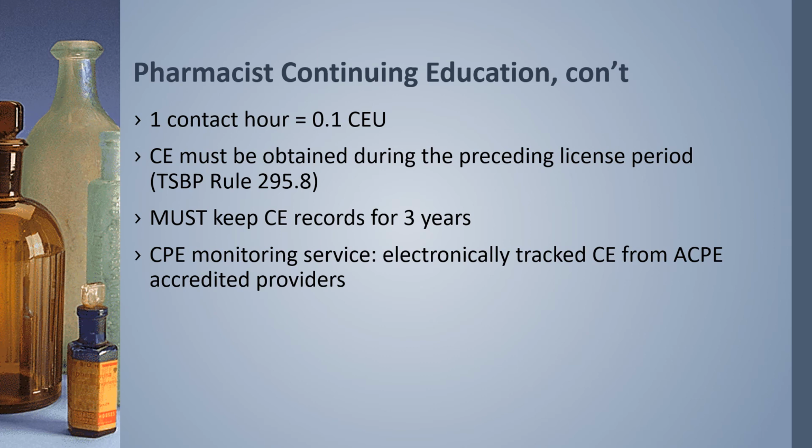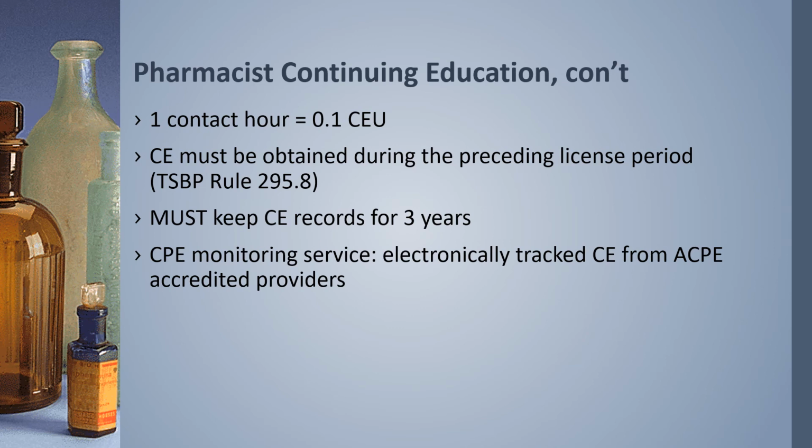And like I said before, technology rules the world in 2020. The NABP website currently has a CPE monitoring service available that you can sign up for. The cool thing about that is that it tracks your CE completions electronically, and that can be done so through any ACPE accredited provider.